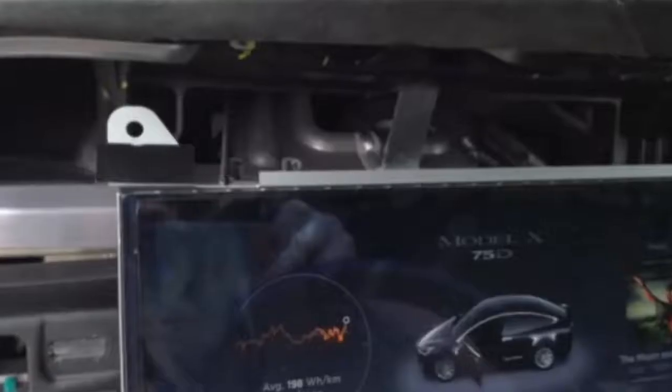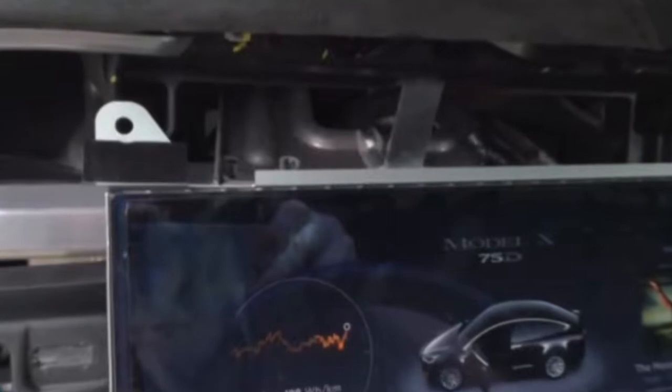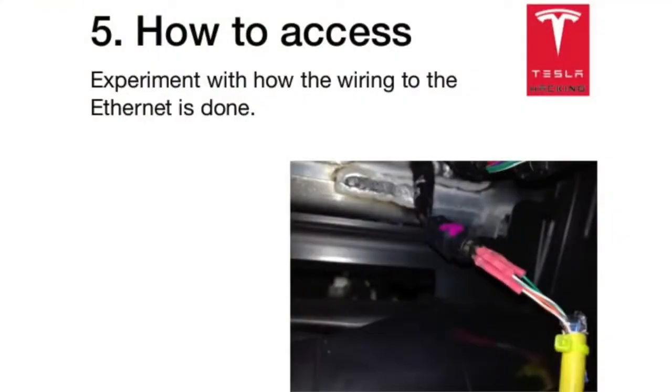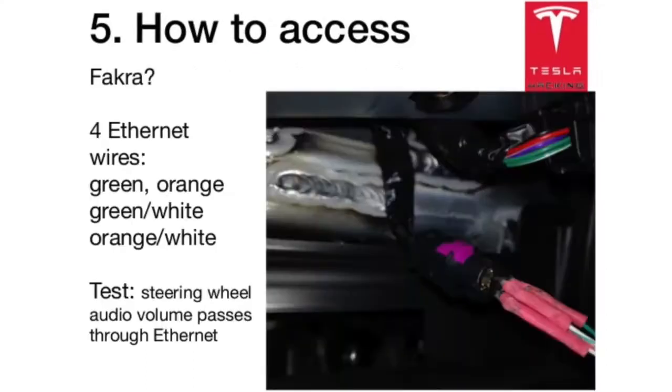There is a plastic cover. You can remove it, and it's wide enough to unplug the Autopilot with a FACRA connector, which is a round connector. And then if you have your own crafted FACRA to Ethernet cable, you can use that to connect to the network and to the central display, although it is protected on the network.